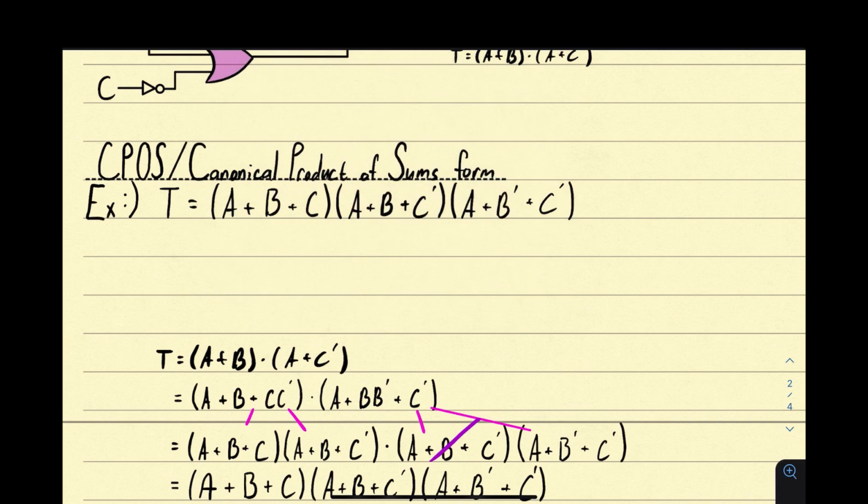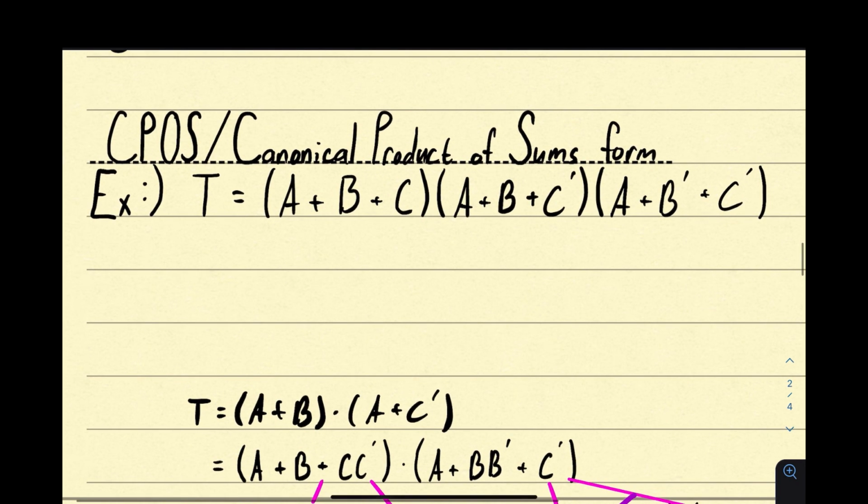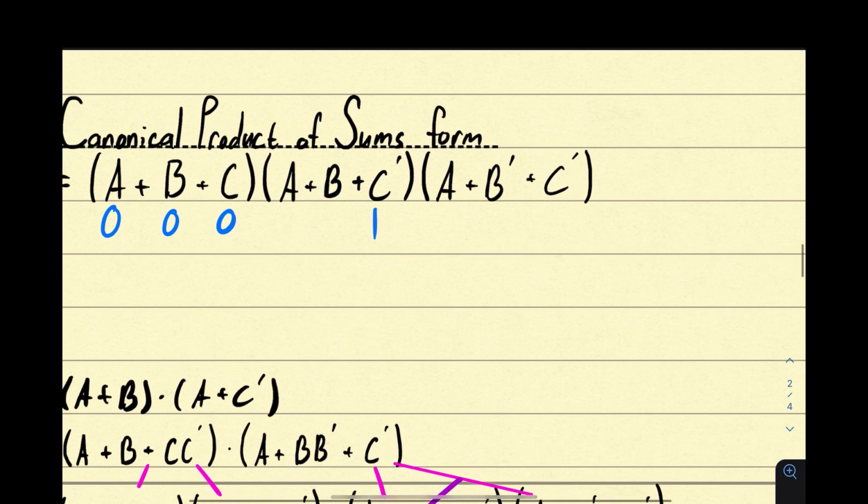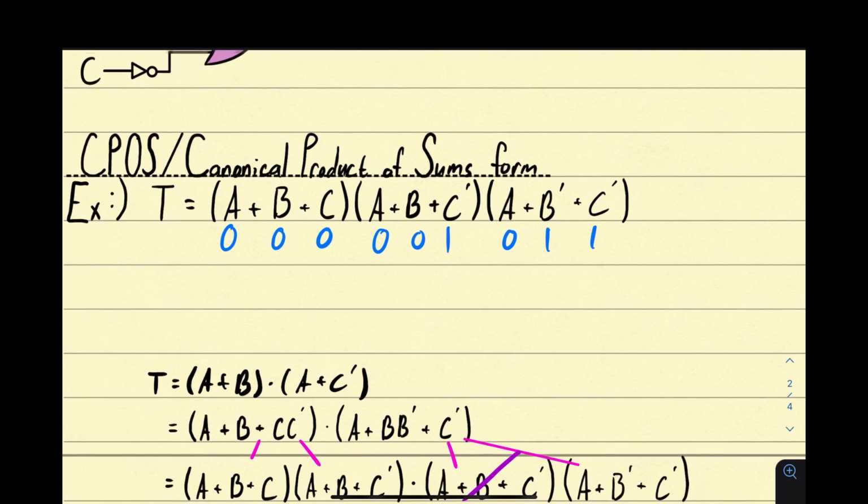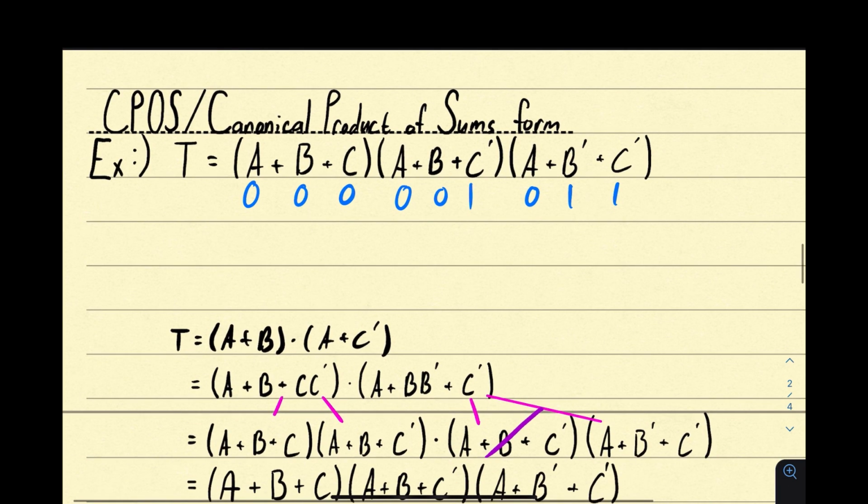So with max terms, the original variable is assigned a 0, and anything complemented is assigned a 1. So in my truth table, if I had created one, I would have 3 true outputs being 0, 0, 0, and 0, 0, 1, and 0, 1, 1.